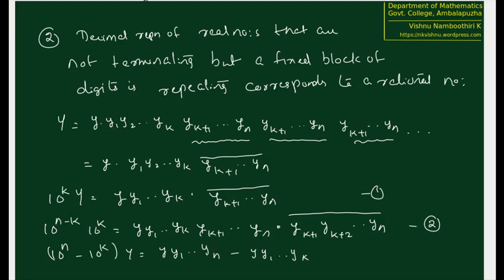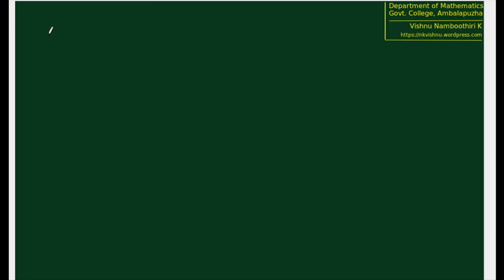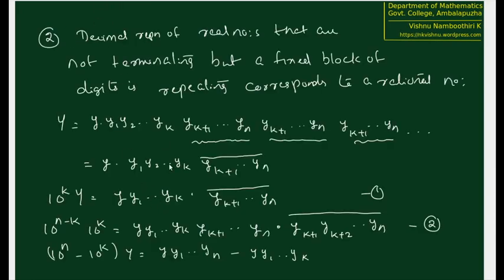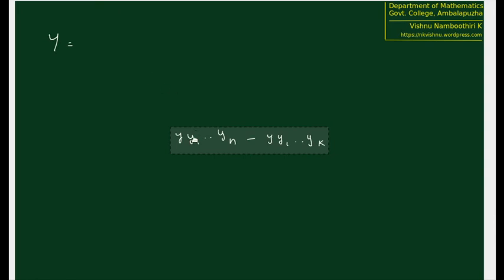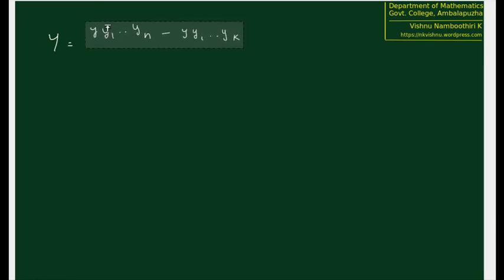So capital Y therefore becomes equal to the difference of these two expressions, which we keep on top, divided by 10 to the power n minus 10 to the power k.